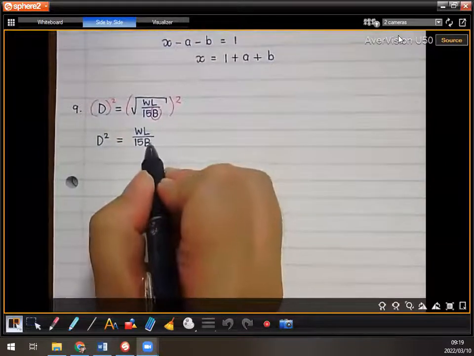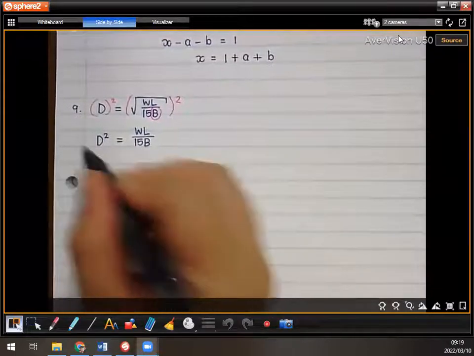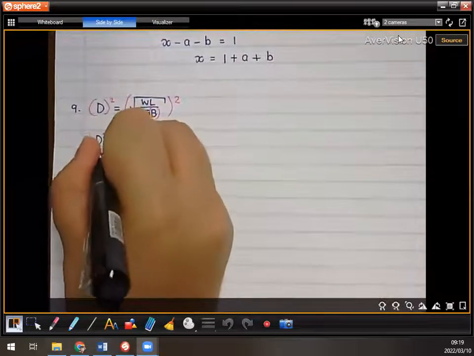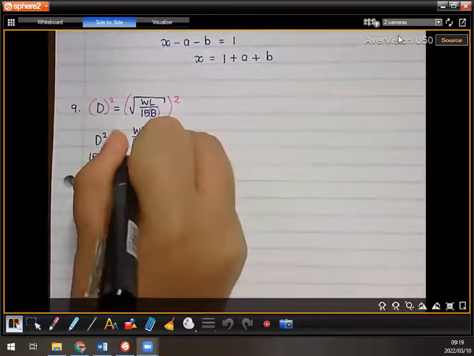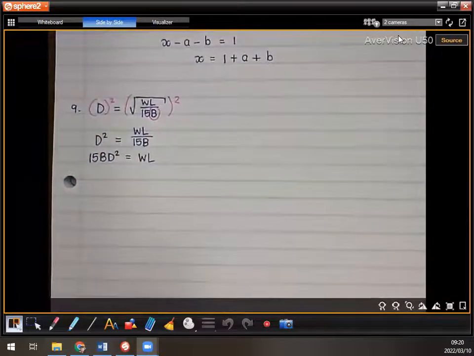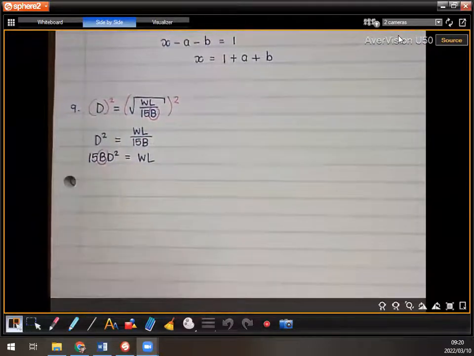I want to solve for b, right? So I want to get rid of it there. I don't want it in the denominator. So I can multiply the other side by 15b. So I'm going to have 15b d squared equal to WL. Right? And to get b on its own, I just need to now get rid of the 15 and the d squared.